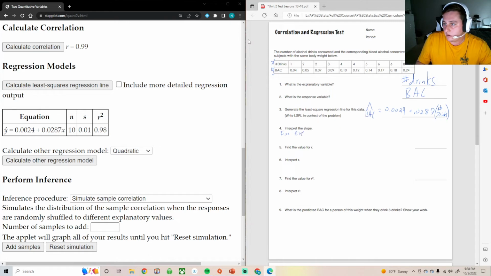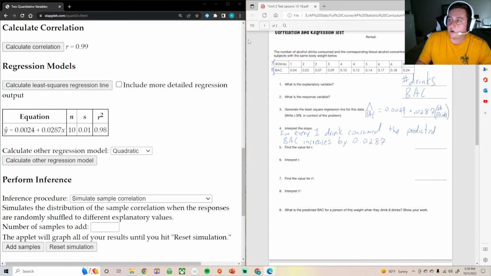For every one drink consumed, the predicted blood alcohol concentration, BAC for short, increases because the slope is positive in my least squares regression line. Predicted BAC increases by 0.0287. And I don't know the units on blood alcohol concentration, so I'm just going to leave it like that.